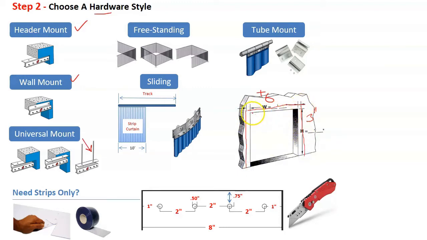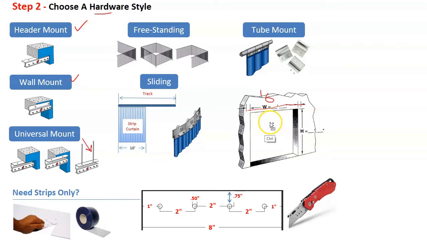If it was the exact same size, there would not be a very good seal from one zone to the other. And this strip curtain is actually ideal for door openings because it gets the strips completely out of the way of traffic going in and out, especially if you have a forklift that's getting close to the top of the door jamb.